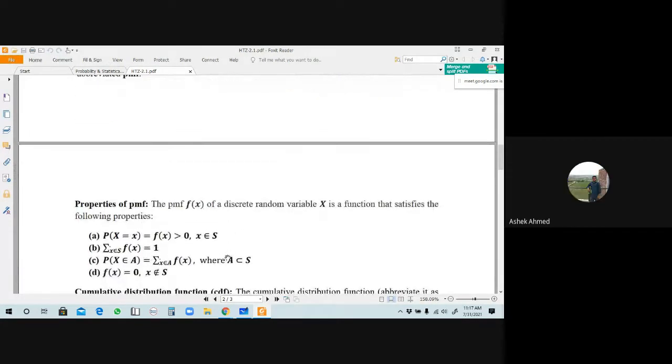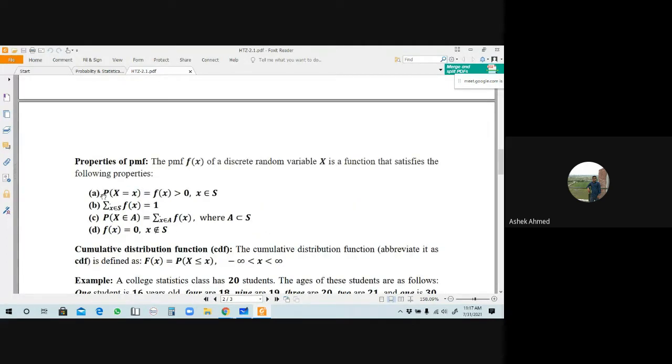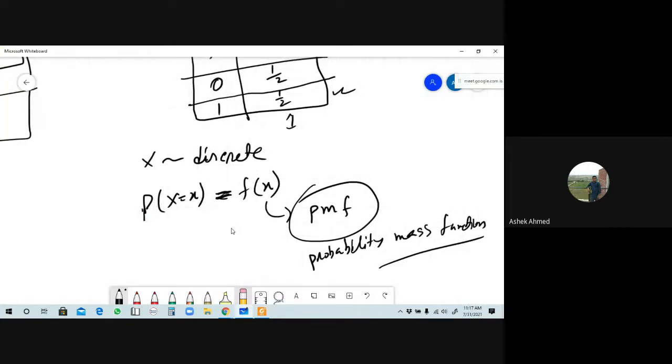There are some properties of the probability mass function. First, the probability of capital X equals small x is small f of x. Every value of this will be greater than 0, because the probability of 0 is half and the probability of 1 is also half.